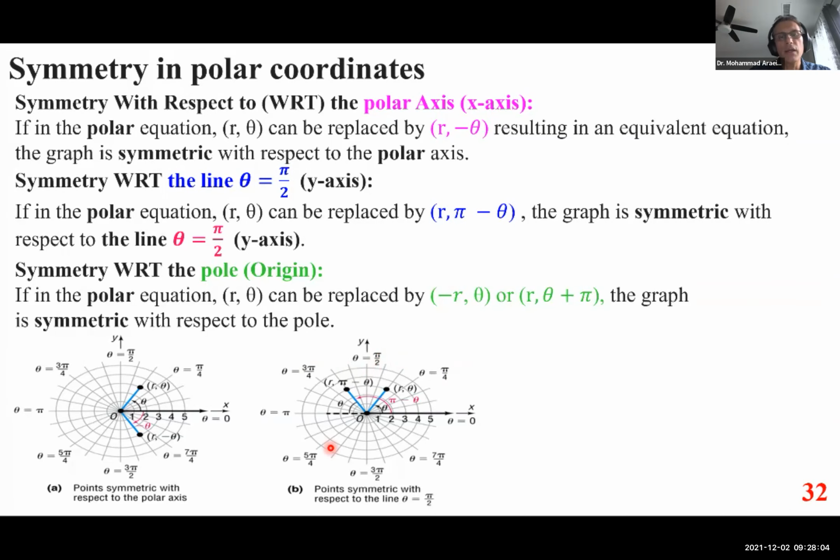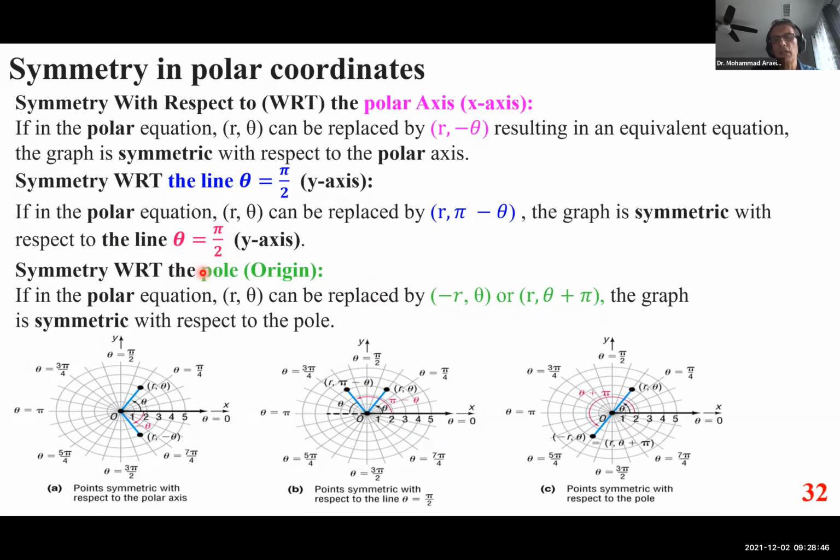So if we have r comma theta and we can replace it with r comma pi minus theta, I hope you realize this angle is theta, so is this angle in essence. So this makes it pi minus theta. This is how they arrive at it: this is theta, so this whole thing is pi. So if you can replace it with pi minus theta, then we also have a symmetry, but this time with respect to theta equals pi over 2.